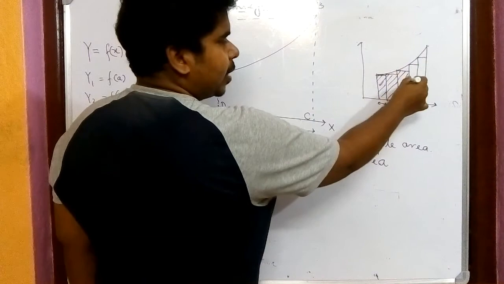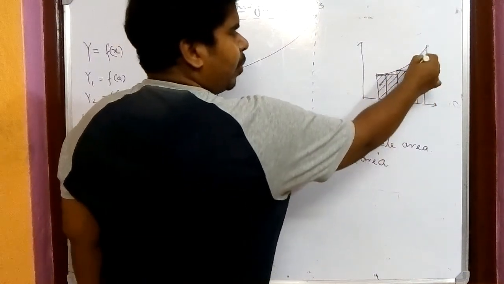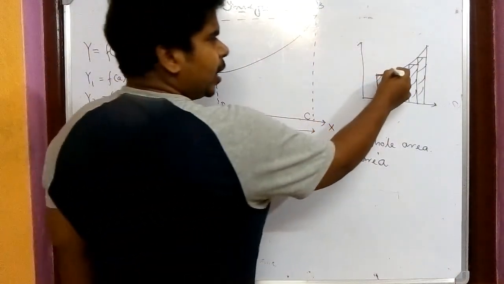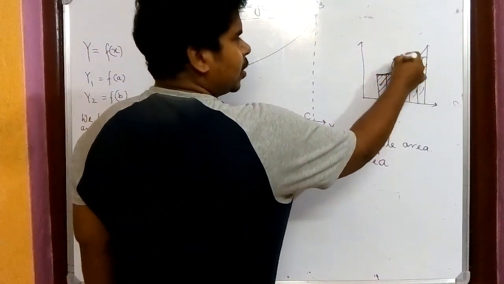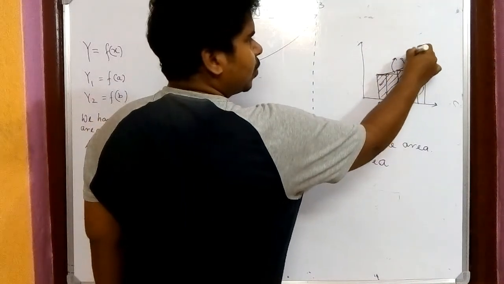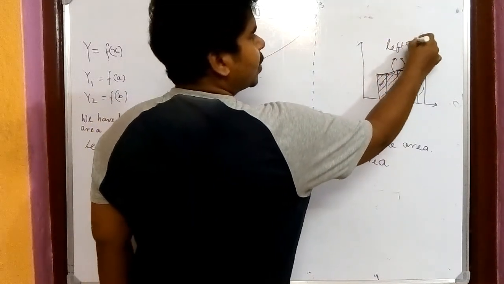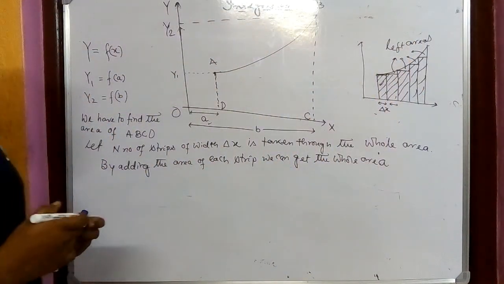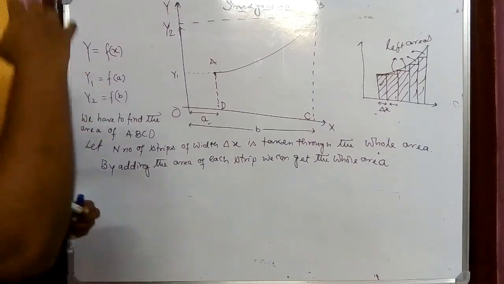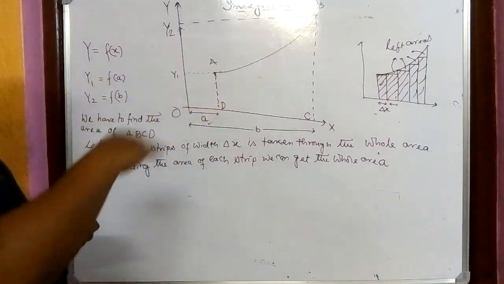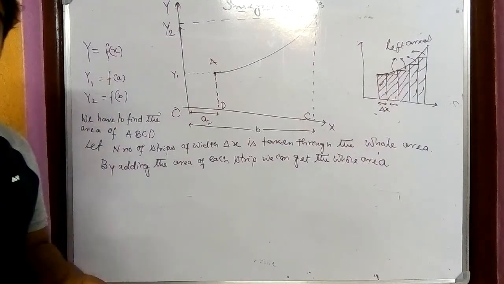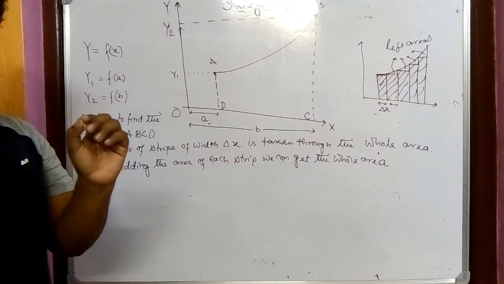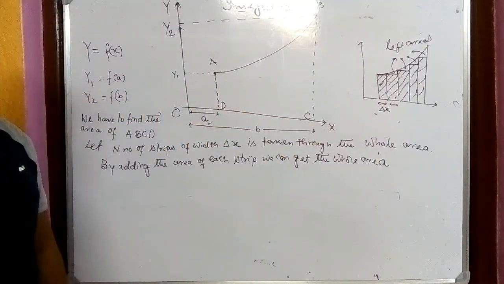But you see, if I have done this, some areas are left. This one, this one, this one, this one. These are the left areas. So if we find the area of the stripes and make the calculation, we will not get the exact area, because some of the areas are left.